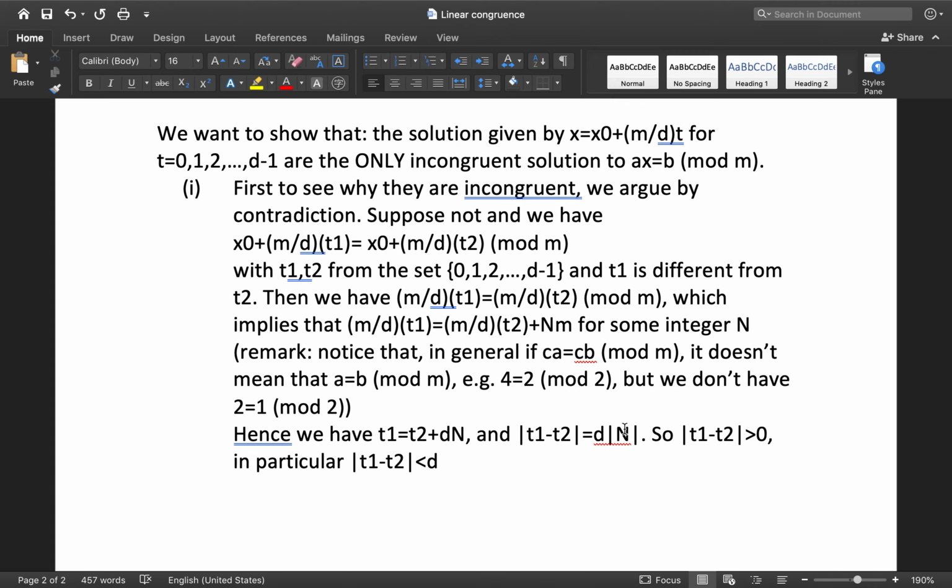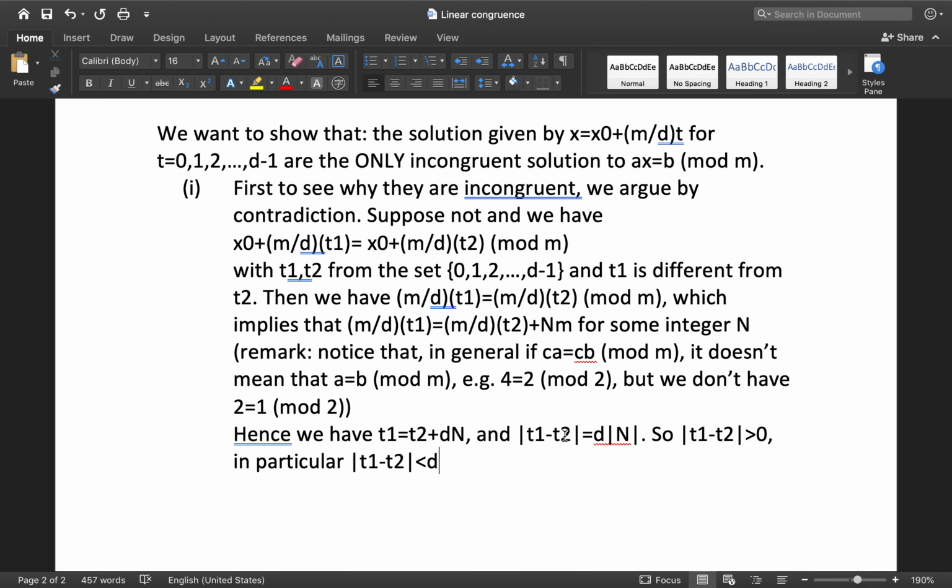After you take the absolute value, it's a non-negative integer. It can be 0, it can be positive. But if that is 0, then it will force T1 minus T2 to be equal to 0. But we know that is impossible.